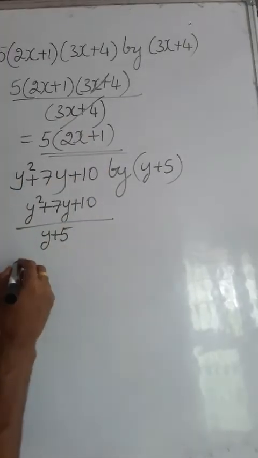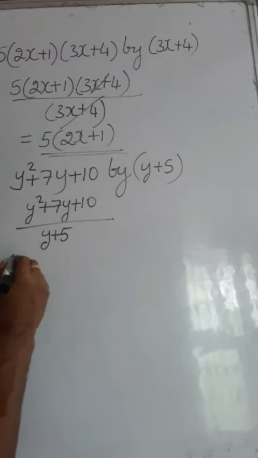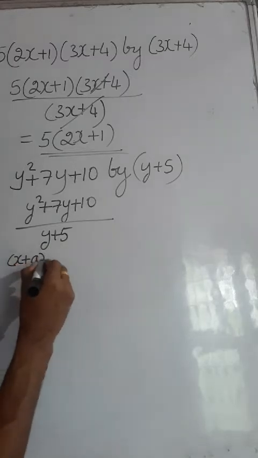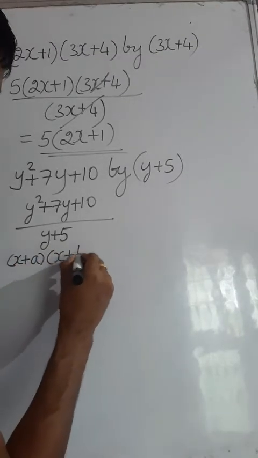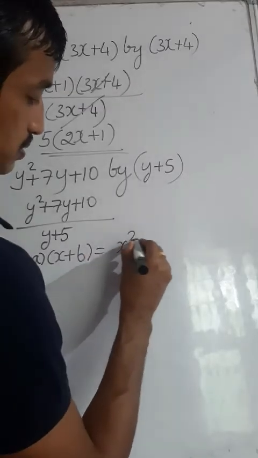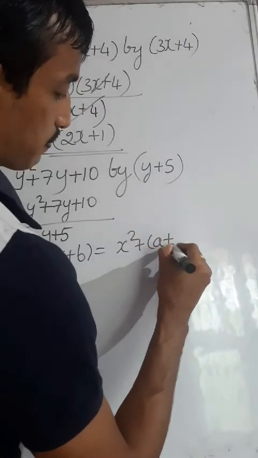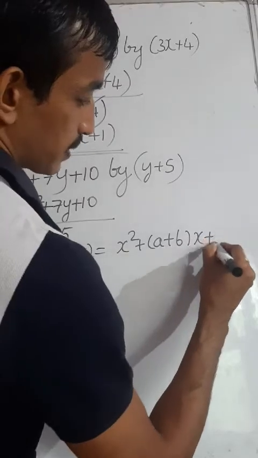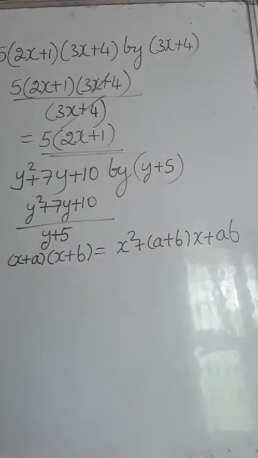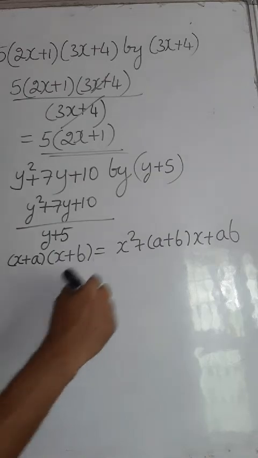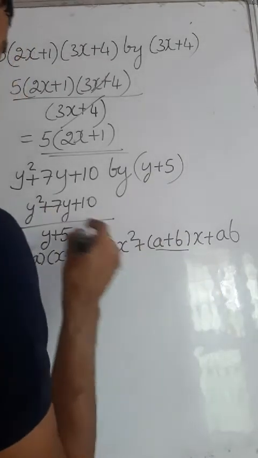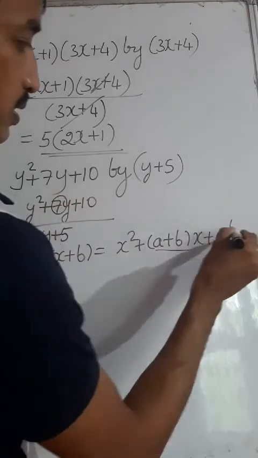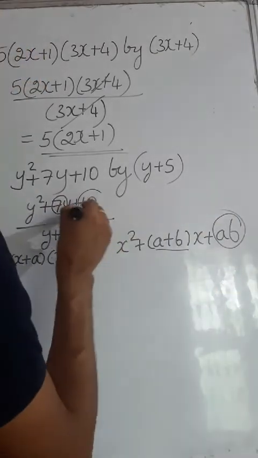If you look at this sum, it is in the format of an identity you already studied: (x plus a) into (x plus b) is equal to x square plus (a plus b) x plus ab. This is the identity you studied in the last classes. So here a plus b means 7 and ab means 10.